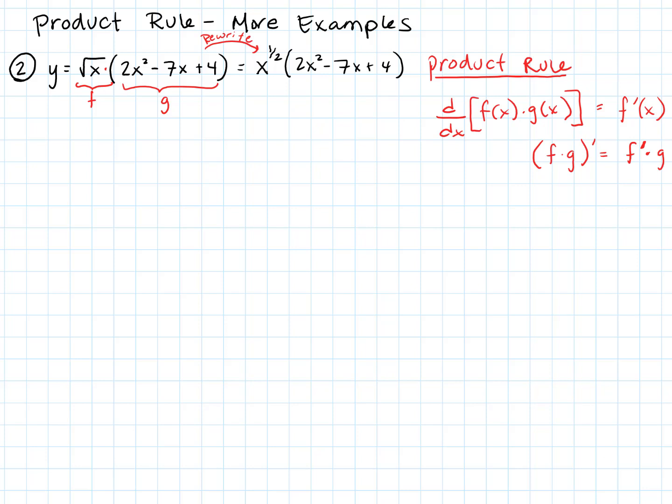Now I'm going to go ahead and take the derivative. So in order to do that, I'm going to write out all the steps here. dy dx, I'll use Leibniz notation since we were given it in y. dy dx, I'm going to have to take the derivative of x to the 1/2, that's my f prime, and then I'm going to multiply by 2x squared minus 7x plus 4. That's my g.